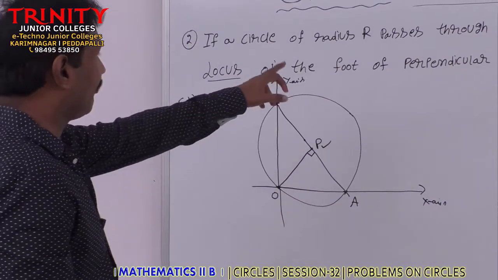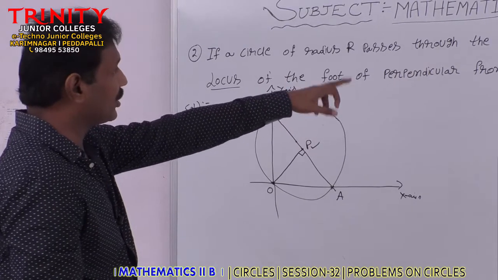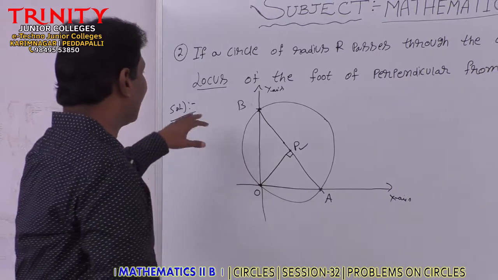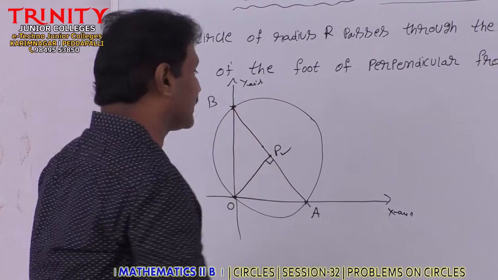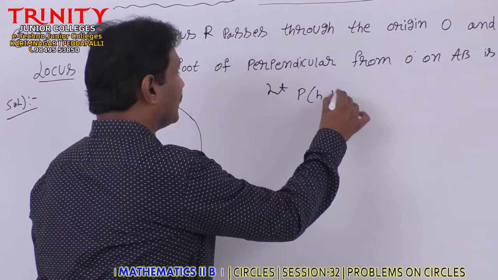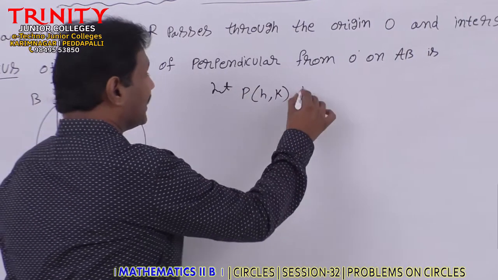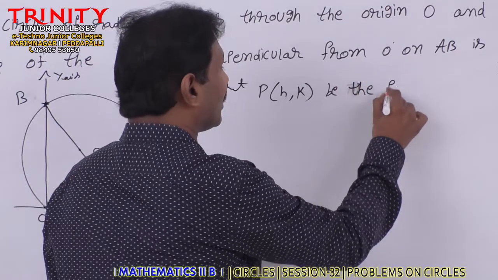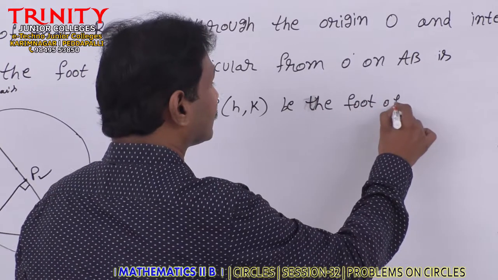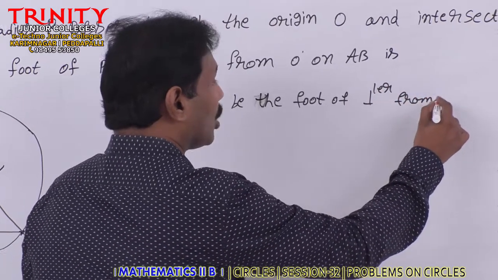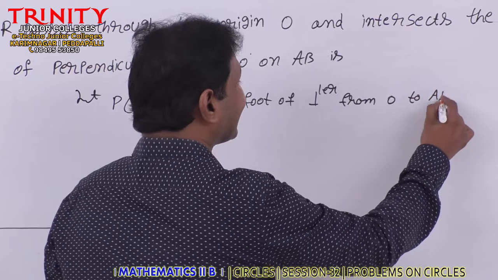If a circle of radius R passes through origin O and intersects the coordinate axes at A and B, then let (h, k) be the foot of the perpendicular from O to line AB.